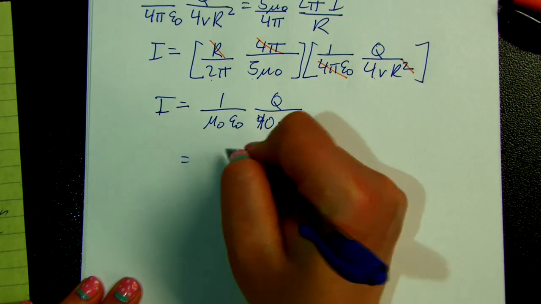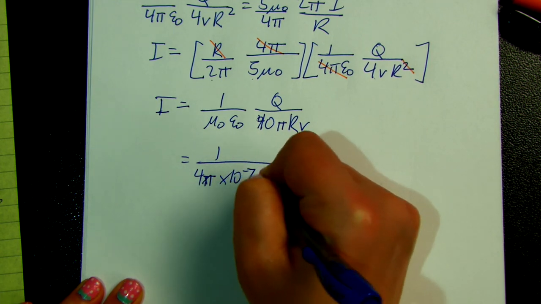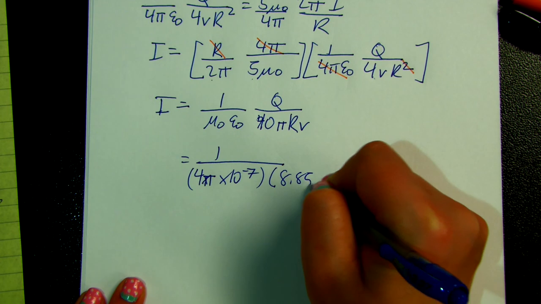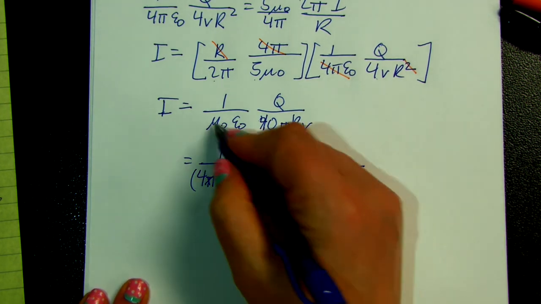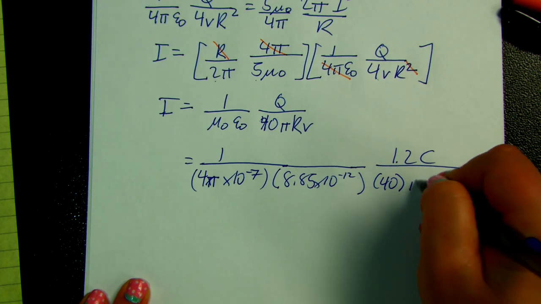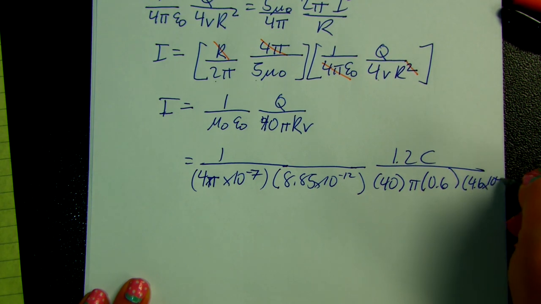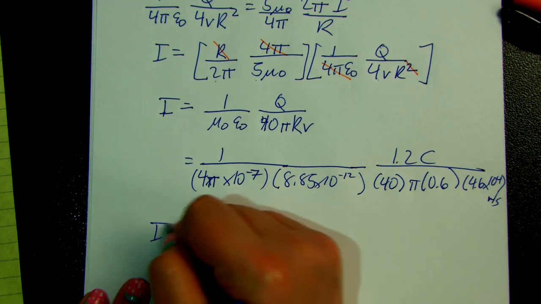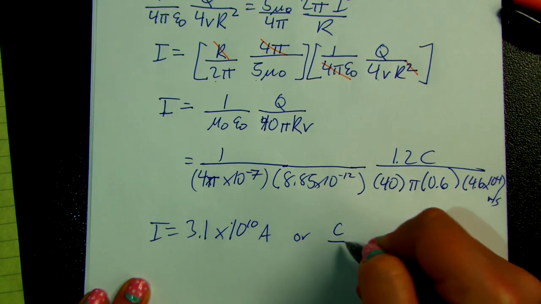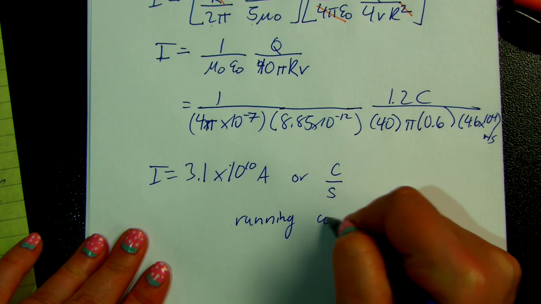So we have 1 over 4 pi, times 10 to the minus 7, that would be the constant for mu naught, times 8.85 times 10 to the minus 12, the value for epsilon naught, times 1.2 coulombs given, times 40, times pi, times 0.6 meters for the radius, times 4.6 times 10 to the 4 meters per second, and we get a current of 3.1 times 10 to the 10 amps, or coulombs per second. And this is going counterclockwise.